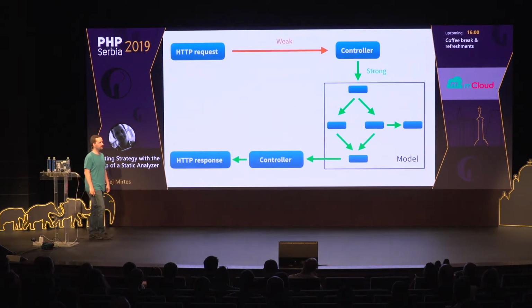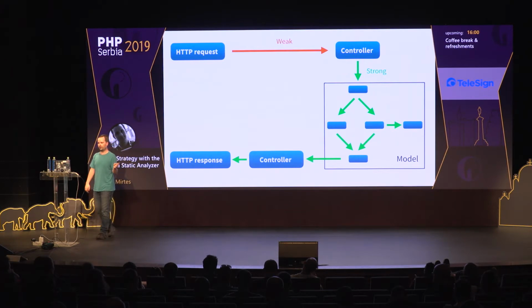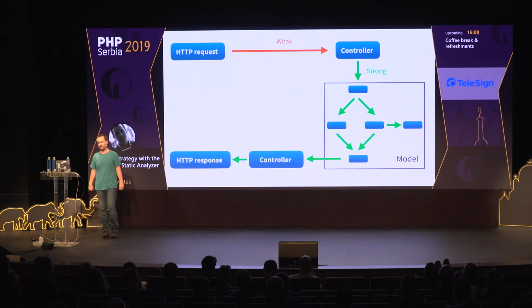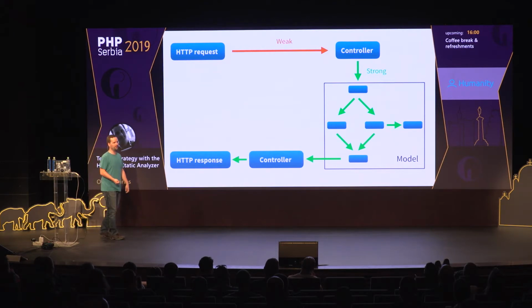Okay, so this is how ideally your types should flow through your application. So the first step is inevitable. It will always be weakly typed because that's the nature of HTTP. And everything in an HTTP request is a string. So the URL is a string, the post body is a string.